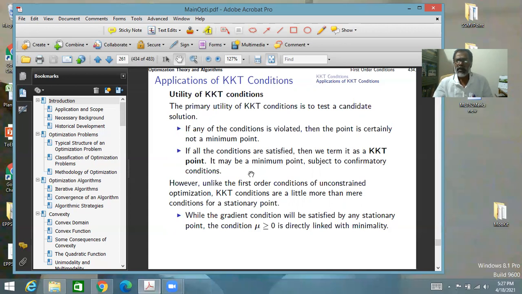Not just the condition for a stationary point, because the gradient condition will be satisfied by any stationary point, even a maximum point, but this condition is linked directly with minimality. No other stationary point is obliged to satisfy this systematically. So this is linked to minimality, but that is not good enough to ensure that it is a minimum point clearly. Still, it is a little more than the condition of a stationary point.